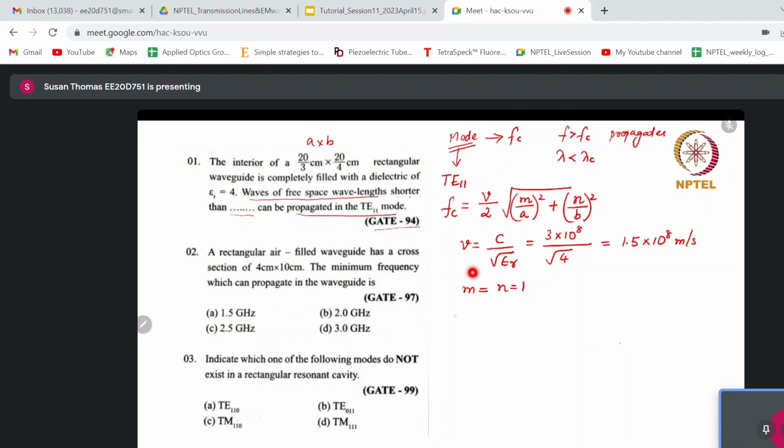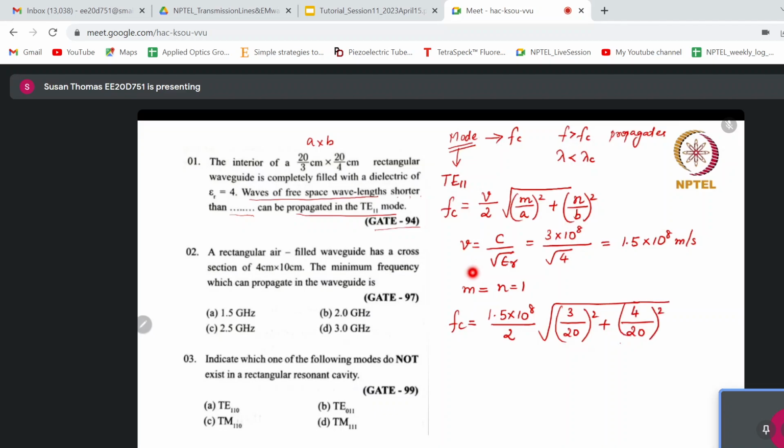Substituting to get the cutoff frequency, fc is equal to 1.5 into 10 power 8 by 2 into square root of, with m and n values 1, a value 20 by 3, so (20 by 3) whole square plus (20 by 4) whole square.